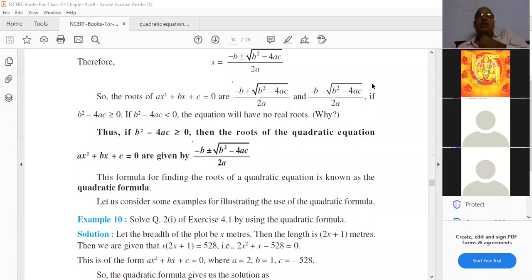This you can split as two terms. These are two roots. We are saying a quadratic equation has two roots: minus b plus root b square minus 4ac by 2a, and minus b minus root b square minus 4ac by 2a.